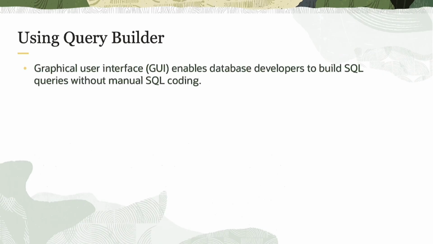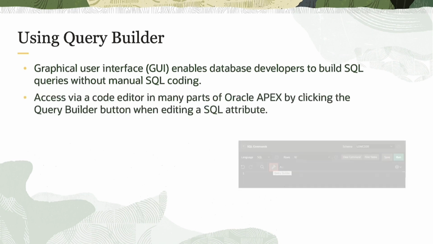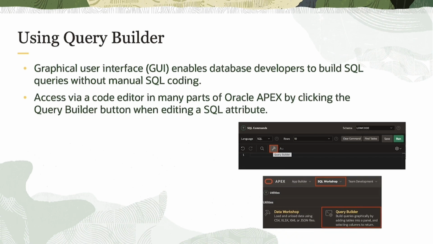Query Builder's graphical user interface enables database developers to build SQL queries without the need for manual SQL coding. You can access Query Builder from a code editor in many parts of the Oracle Apex by clicking the Query Builder icon when editing a SQL attribute.